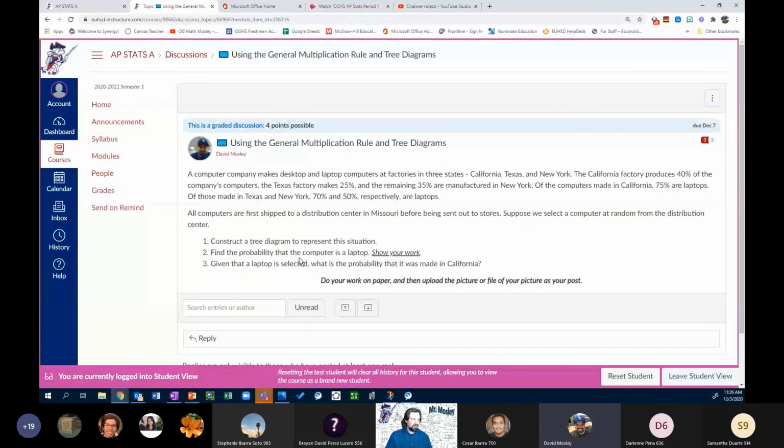Find the probability that the computer is a laptop. And then, given that a laptop is selected, what is the probability that it was made in California? Right? So it's essentially all the same things that we did for the example you guys just saw. Essentially just different numbers. Okay? It's going to follow along basically the same process.